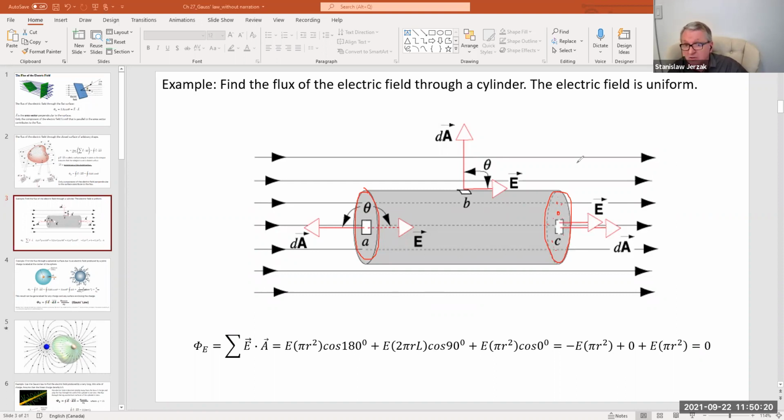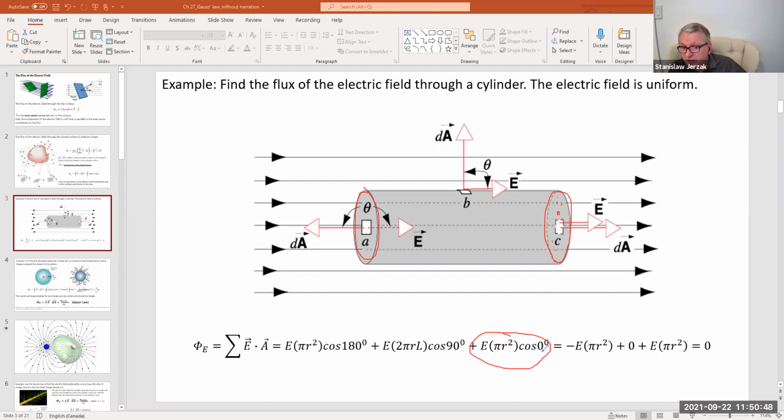So the flux through that surface would be equal to the area of that circle, which is pi r squared, times the magnitude of the electric field, which is a uniform electric field of magnitude E. So this is the contribution, which is the last term, because here the area vector is perpendicular to this circle, parallel to the electric field.